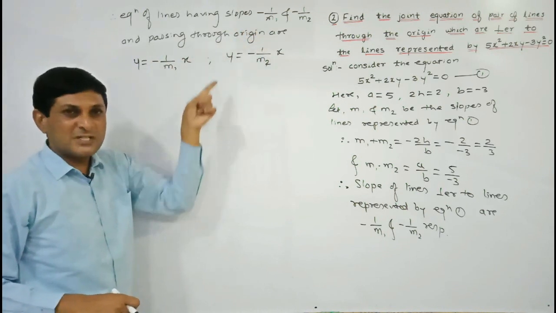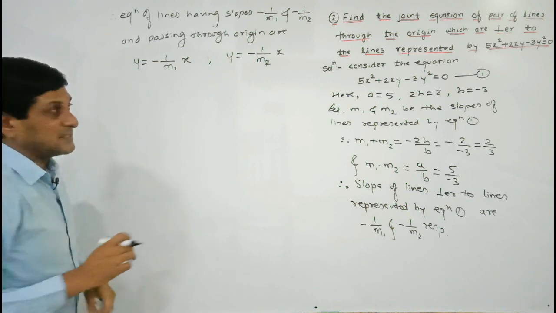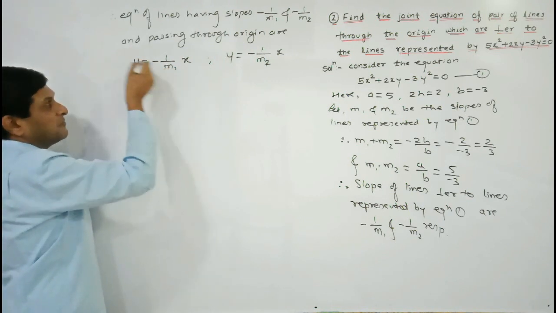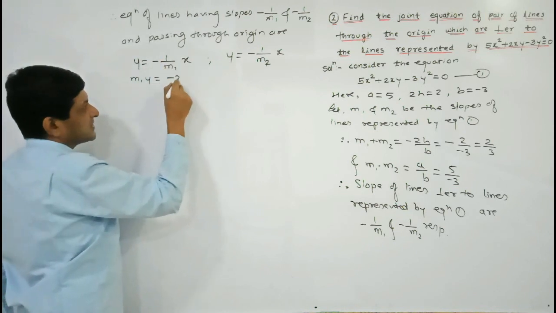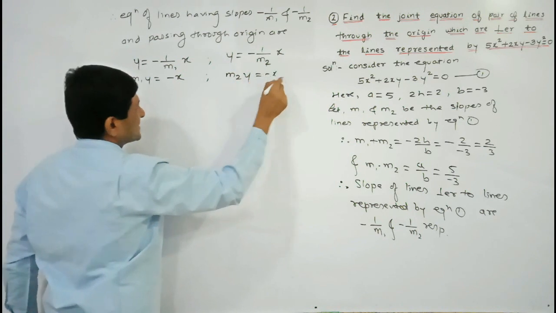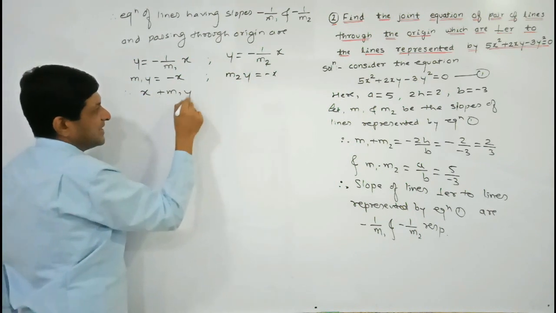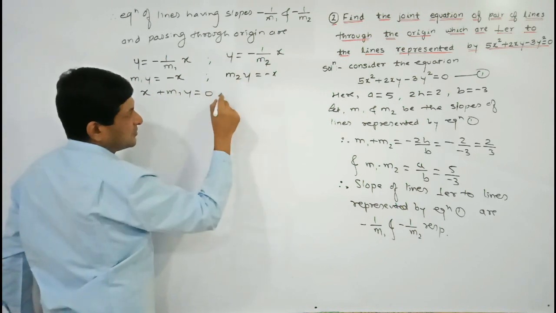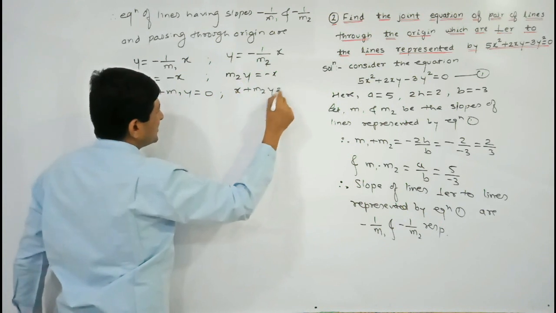Slopes are already known to us. Now we are trying to find the equations of the required lines. So simplifying, m1 will get multiplied on this side, so m1y is equal to minus 1 into x, which is minus x, and here also we get m2y is equal to minus x. Minus x on this side will become plus x, so x plus m1y is equal to 0, and here also take minus x on this side, so x plus m2y is equal to 0.